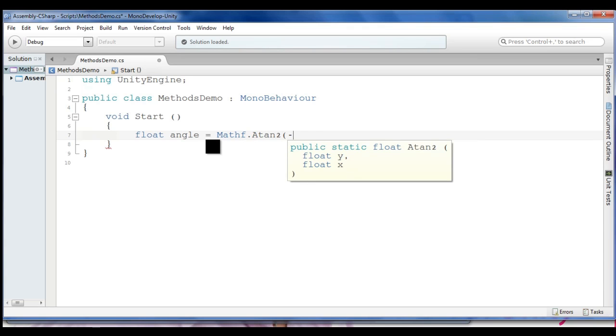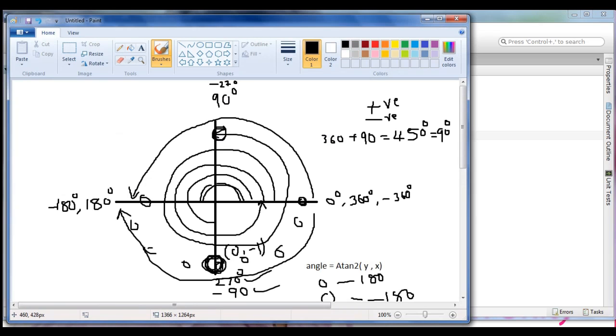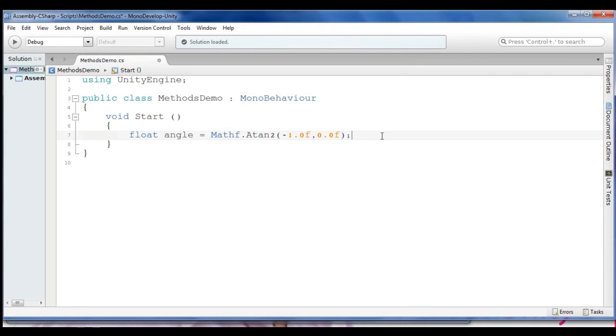The y value will be -1.0f and the x value is 0.0f. So the object is present in this place. We have given 0 and -1 for this place. Now what should it return? It is going to return -90. Let me show you.